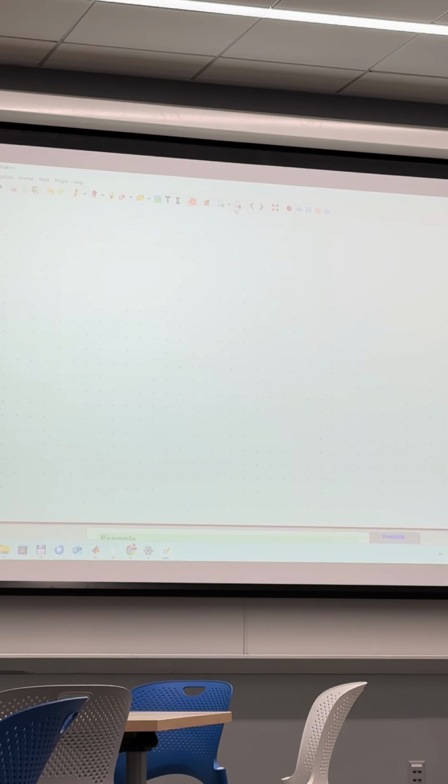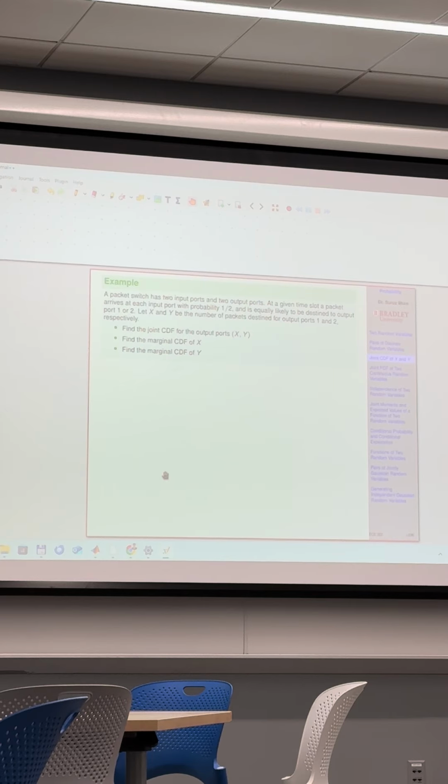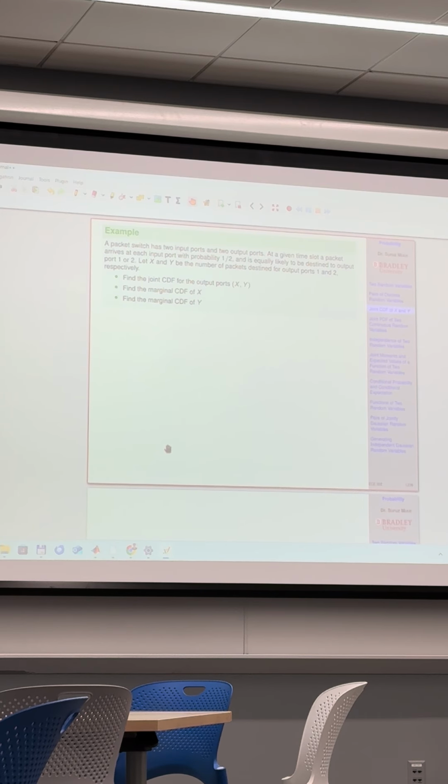Now we are going to go through one example of finding joint CDF. This example is quite big, actually, a long example. Let's get started with this. Okay, again, the packet switch example.